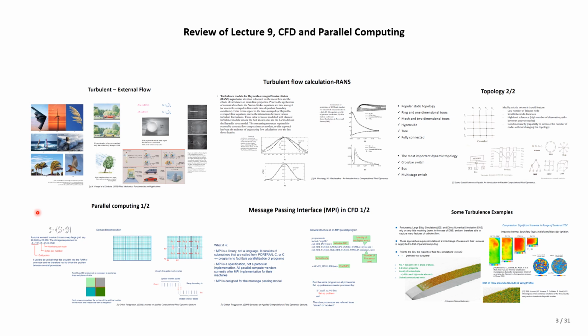We also talked about how we can calculate the required memory for a specific domain in CFD. We presented the structure of the message passing interface, MPI, which you know from the previous lecture, given by Maurice.